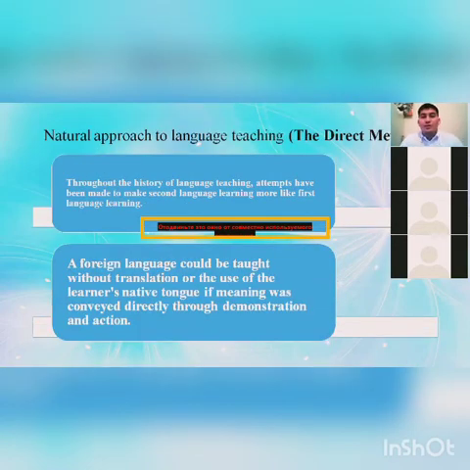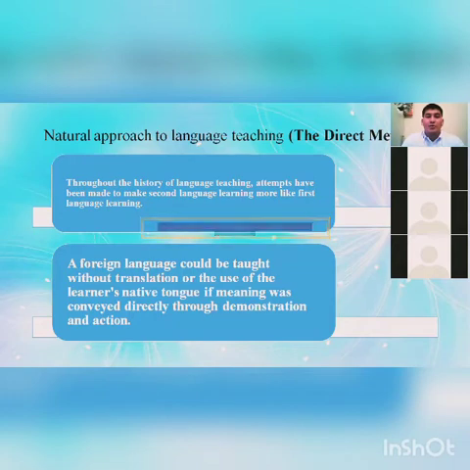So in other words, the natural approach to language teaching, or natural method, which is the other name for direct method. Many scientists try to make learning a foreign language in the way of learning the first language. They try to make the same pattern, the same way to learn the foreign language as the mother tongue. So here we have the next one.